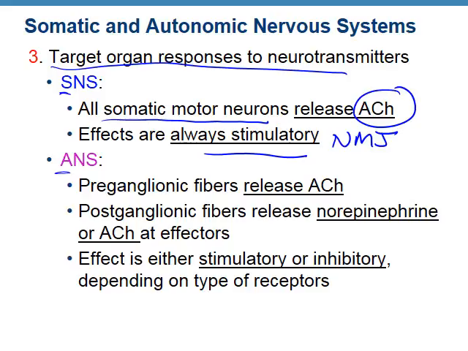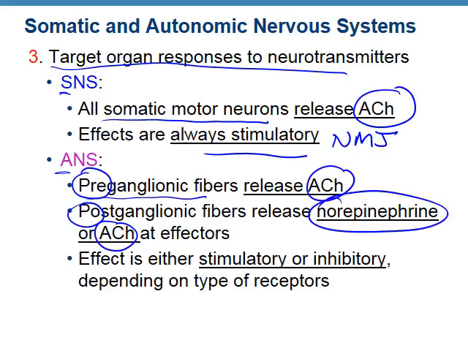With the autonomic nervous system, the pre's always release acetylcholine, and the posts have a choice. They can release either acetylcholine or norepinephrine. The effect is either stimulatory or inhibitory depending on the type of receptors on the target organ.